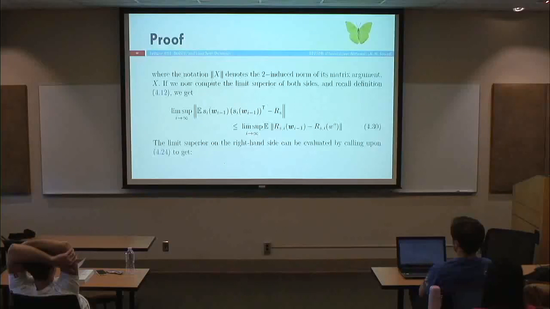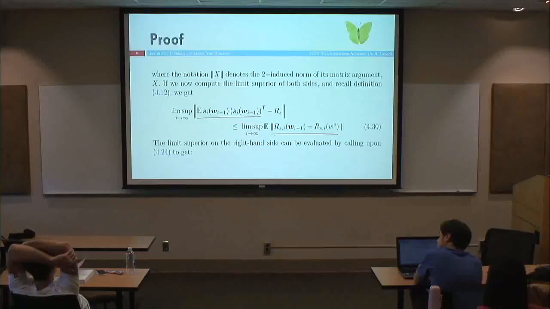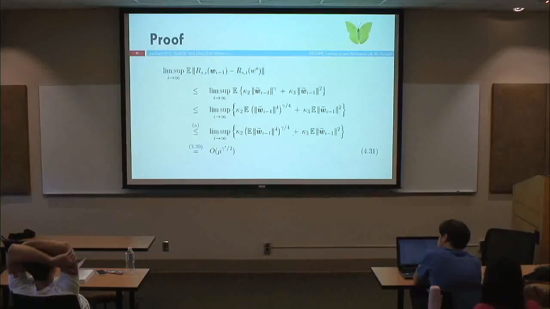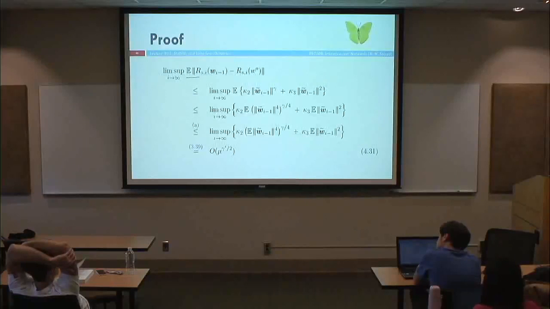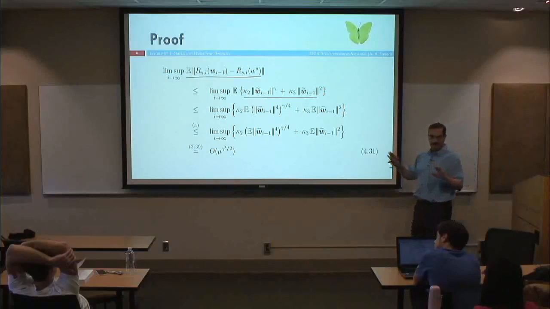So the lim sup of this difference is upper bounded by the lim sup of that. But now, I told you that this is bounded because, here it is, you see? This quantity here, I just showed you that it is bounded by the sum of two terms. Didn't I show you that? By the sum of two terms. Are you following so far?